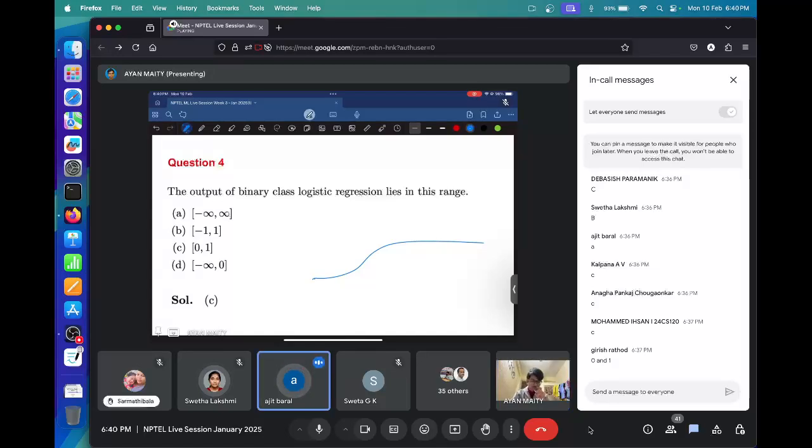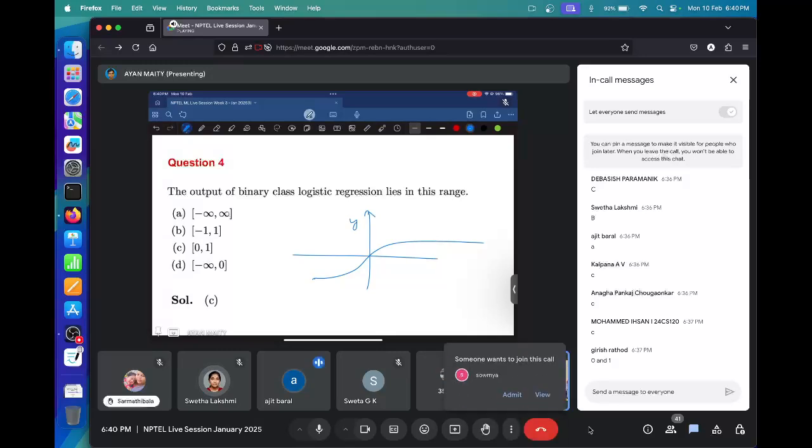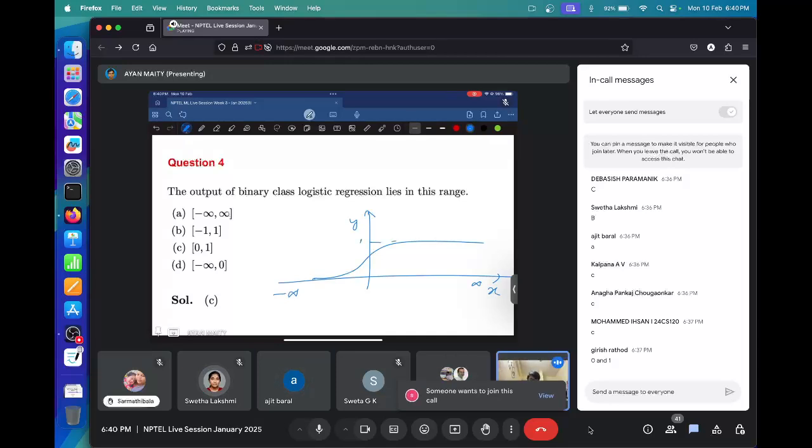Why can't the answer be A, minus infinity to infinity? No, the output does not range from minus infinity to infinity. Value is the y-axis here. The input to this function can be from minus infinity to infinity. Okay, got it. Yeah, the output is at max 1. Yes.